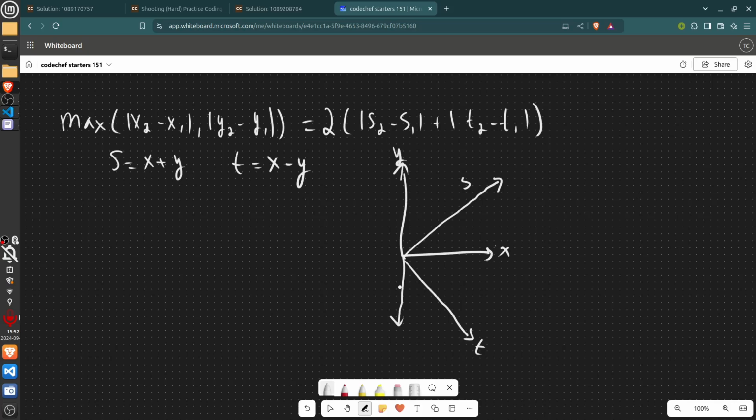And if you do that, instead of calculating the max, in the S and T coordinate reference frame you just need to calculate the Manhattan distance. This simplifies the problem because now you just need to solve this, which is a much easier problem to calculate. So we'll focus on one person's particular score.